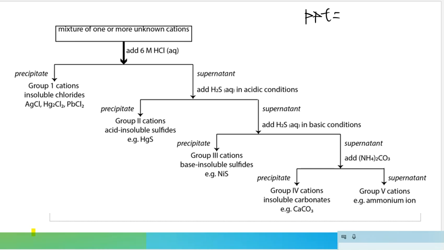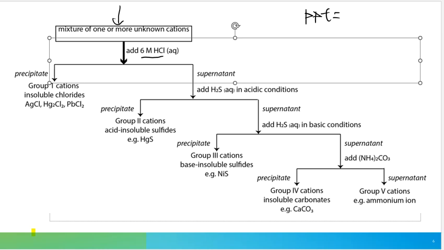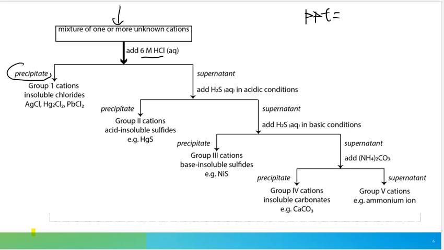So if you did not take 114, that's what you missed out on, and that's what you will see when you take the 114 course. But this is an abbreviated qualitative analysis scheme. We took a mixture of various things inside of a sample tube that was given to us. We added a little bit of acid and a precipitate formed.